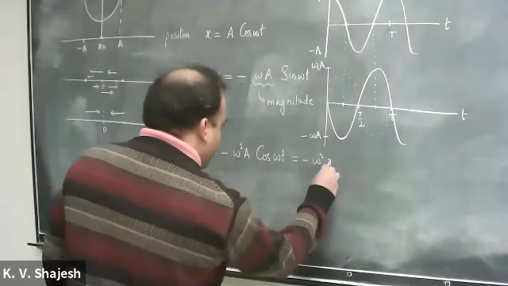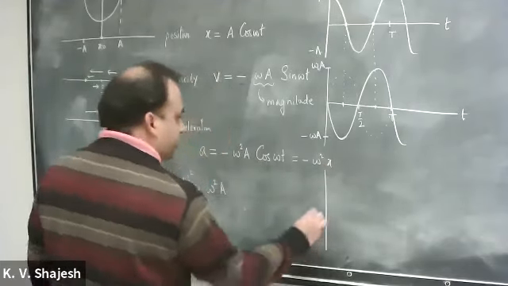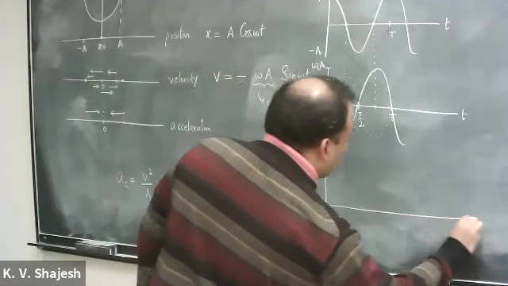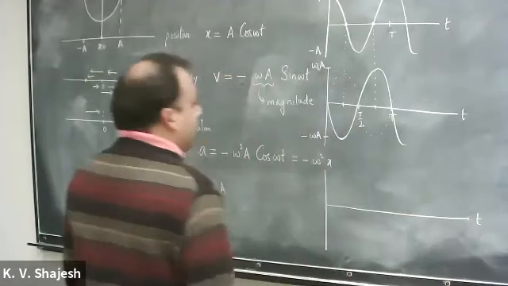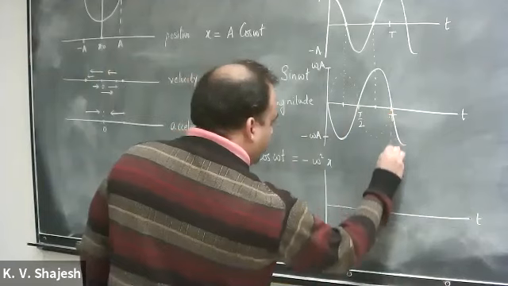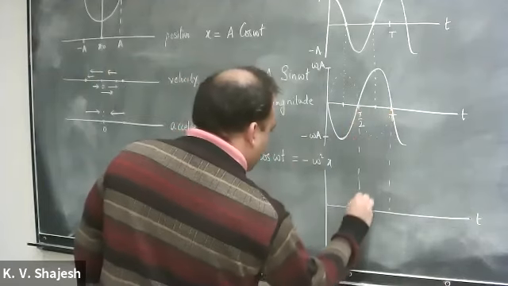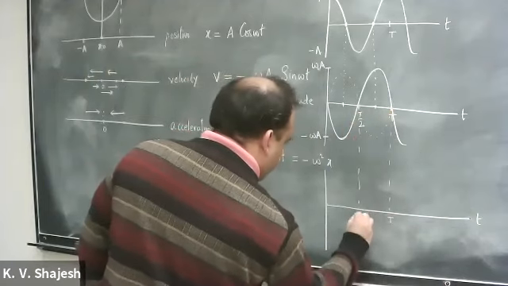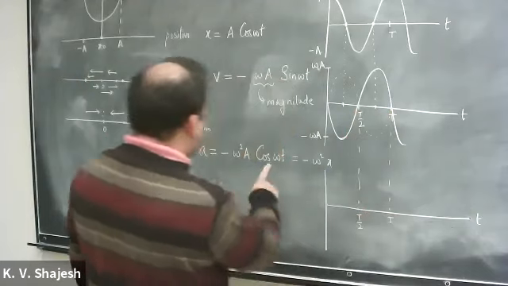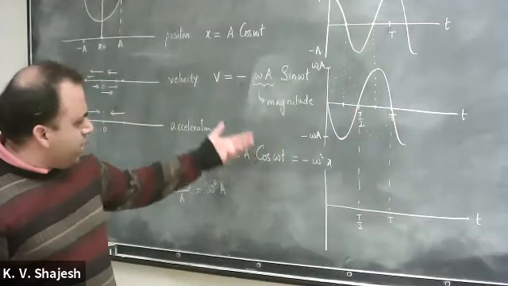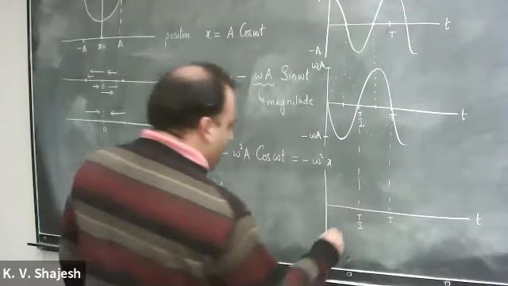So if I were to plot this for acceleration also, it's time t, and again t, that's T by 4. This is exactly like cosine, but flipped this time.